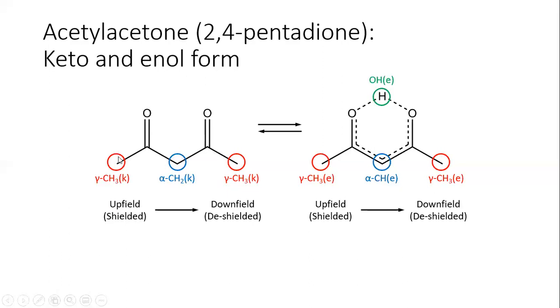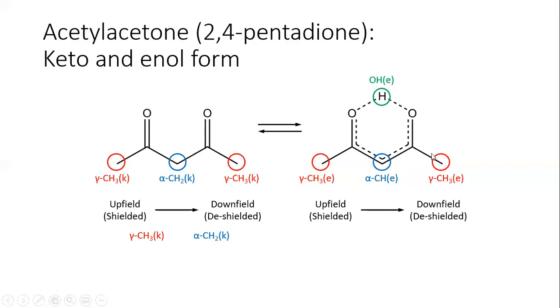So for example, if I compare the gamma methyl and the alpha CH2, we can immediately see that the gamma methyl is connected to only one carbonyl, while the alpha CH2 is connected to 2 carbonyls at the same time. So if I would make a bet, this alpha CH2 will be more downfield compared to the gamma methyl, because it's connected to 2 electron withdrawing groups at the same time.